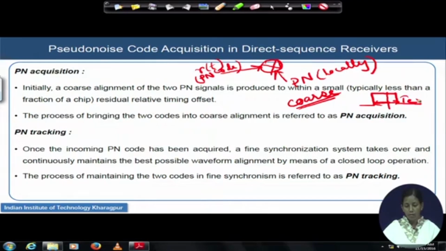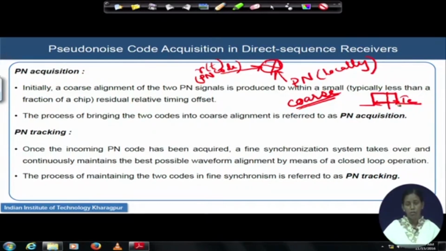It depends upon the complexity and the algorithm you are designing for the coarse alignment process, which defines whether you will be synchronizing with a residual offset of exactly Tc or some part of it.